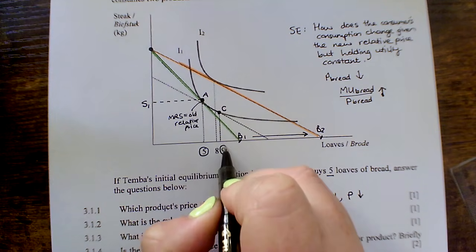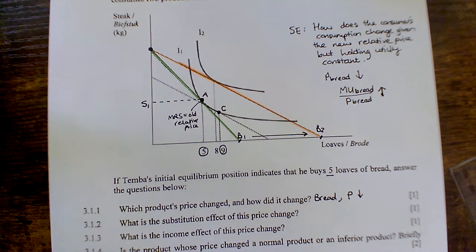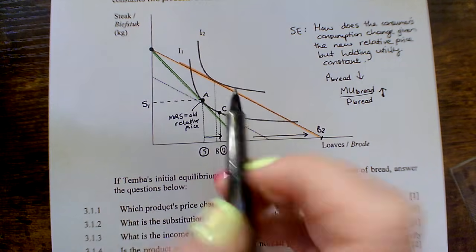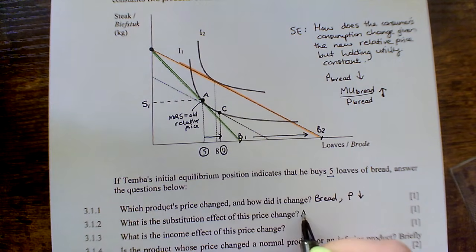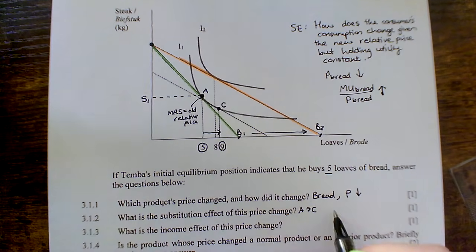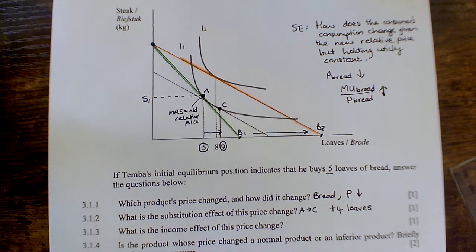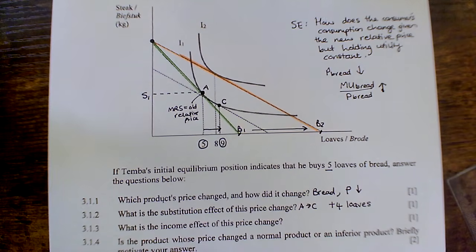And so that takes us to 9 loaves of bread. So this movement from 5 to 9, the movement from A to C, is the substitution effect. And we see that it is plus 4 loaves. So the substitution effect of this price change on bread is to increase my consumption by 4 loaves of bread.